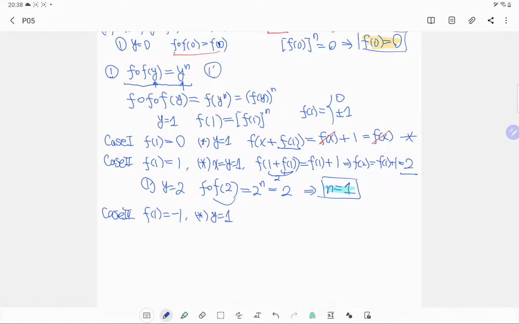We'll have f of x plus f of 1 equals f of x plus 1 to the nth power, and 1 to the nth power is 1.